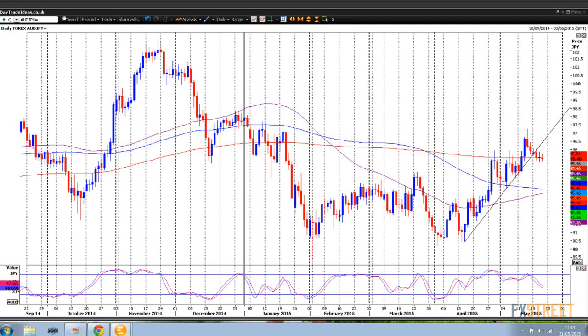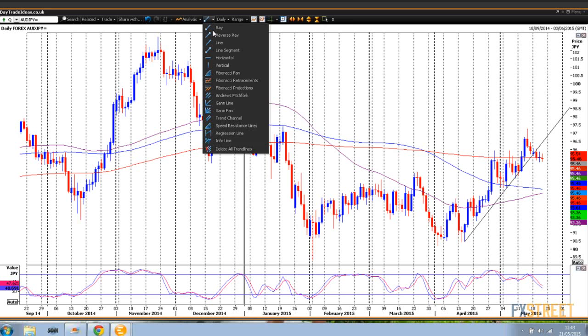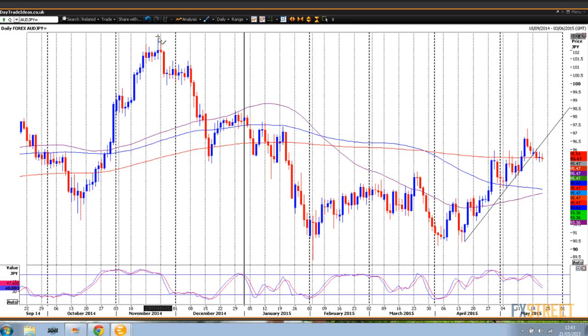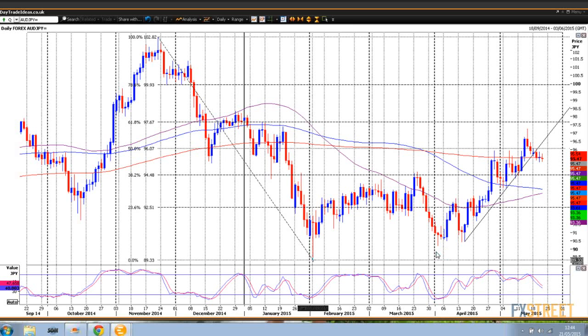Okay, so dollar yen, Aussie dollar versus the yen. What can I make of this?